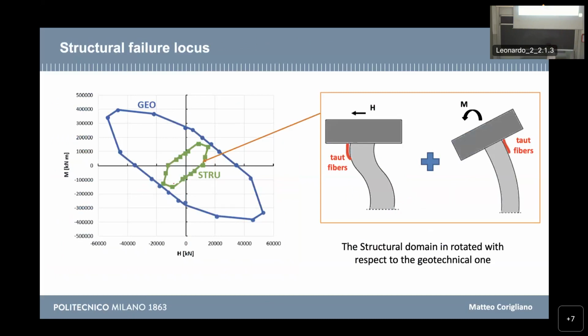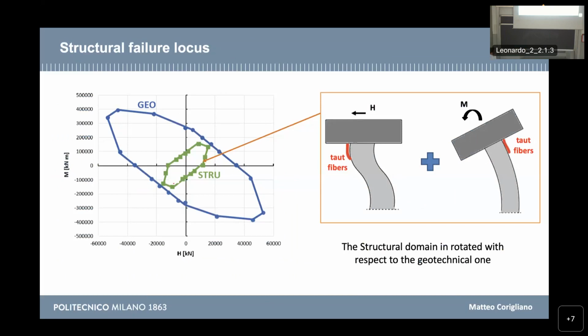And going back to the objective, that is the definition of the failure locus and the ingredients for the macro element. In our case, we need the failure locus not only for the geotechnical system, but also for the structure, because as I said before, we have not only a geotechnical failure, so not only the soil can fail, but also the pile.